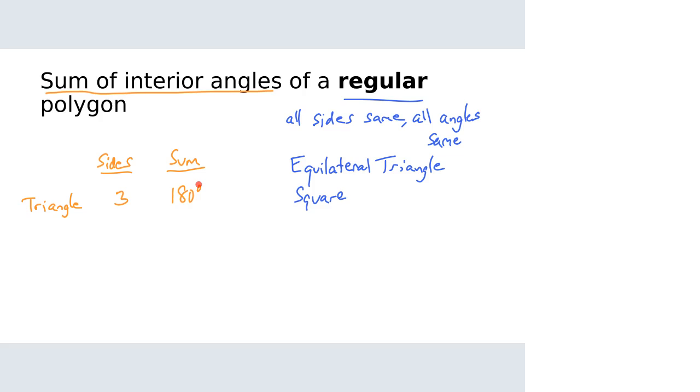So far, so good. Let me know if anything's not. And then we step it up a little bit to a quadrilateral. Quadrilateral is going to have 4 sides. And you might go with the idea, well, a rectangle has 4 90-degree angles in it. A square has 4 90-degree angles in it. So 4 times 90, this must be 360. And that would be true.